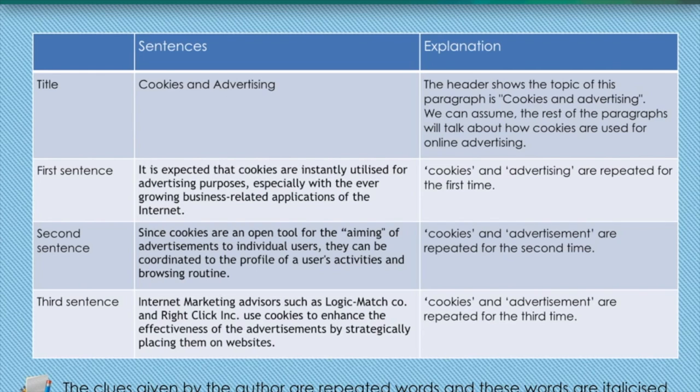Phrases like cookies and advertising are the most frequently mentioned words in this paragraph. It is the one that best describes what all of the sentences in the paragraph are about. Thus, the topic of the paragraph is cookies and advertising, and the rest of the sentences in the paragraph talk about how cookies are used for online advertising.